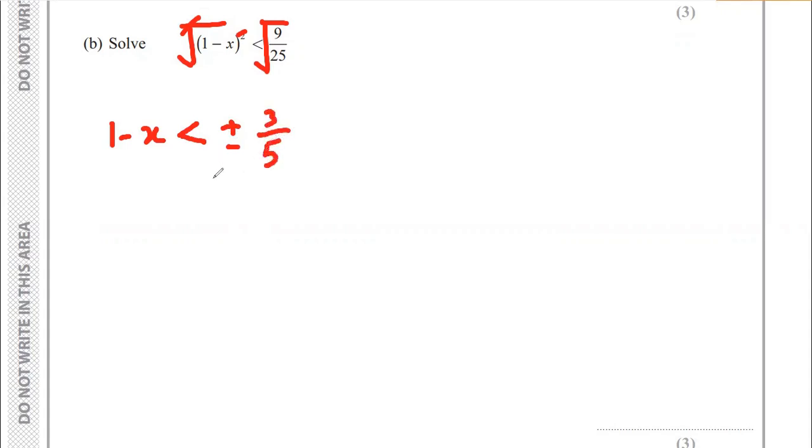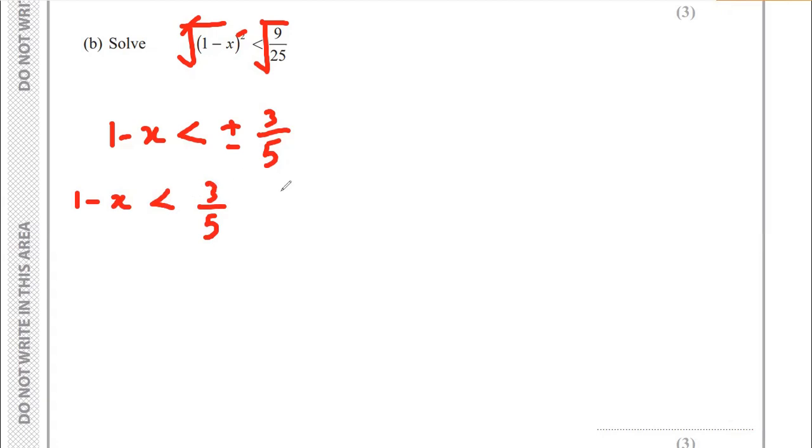Here we get 2 different solutions, okay? But we have to be very, very careful when we write the negative solution. So let's first of all see 1 minus x is less than positive 3/5. The original question was 9 over 25, which was a positive value. So when you write the positive value, the sign is not going to flip.